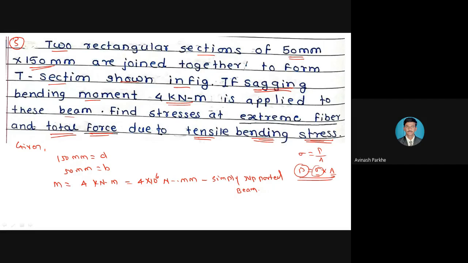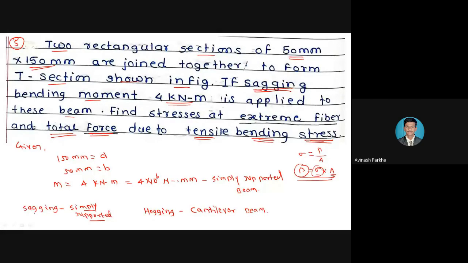But in that particular statement, either the word sagging or another word, hogging bending moment, is used. Write down these particular words in your notebook. Sagging means type of beam is simply supported, and hogging means type of beam is cantilever beam.